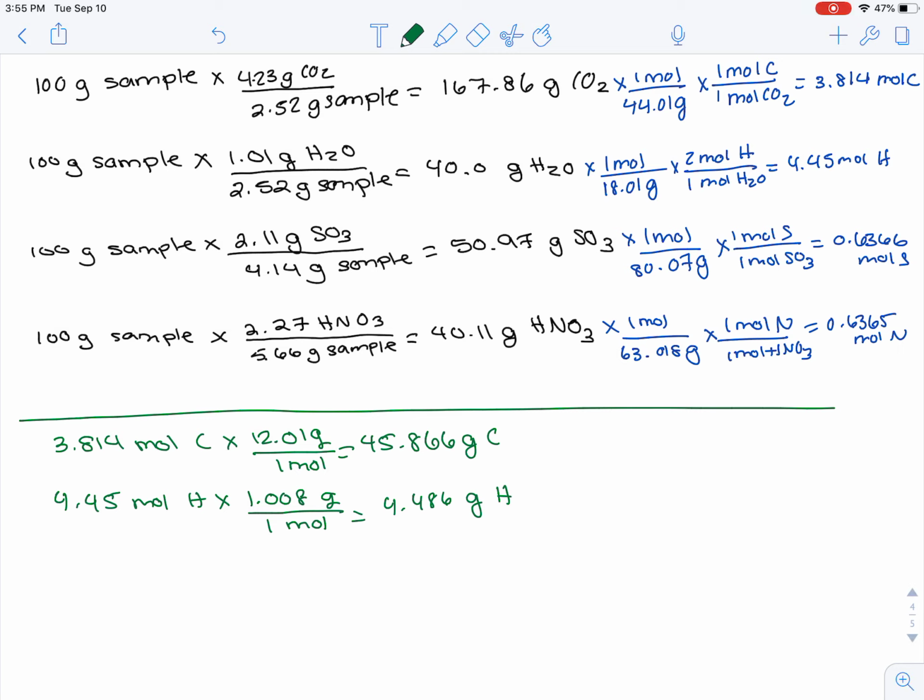The moles of sulfur, 0.6366, times the molar mass of sulfur, which is 32.06.